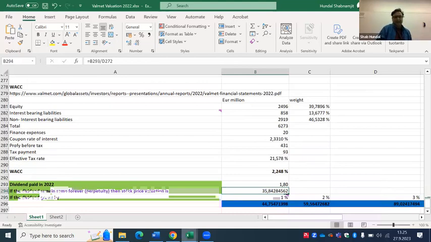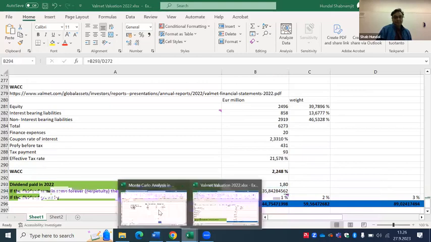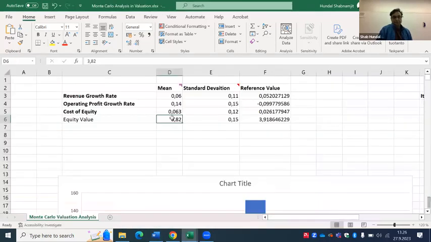I can take 35, 36, no big deal. Okay, no problem. So that price was the equity value.